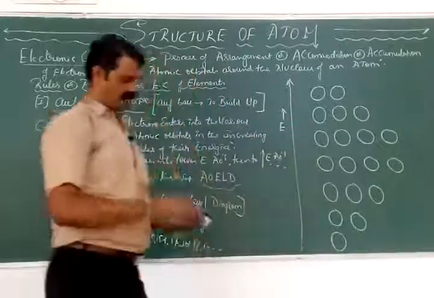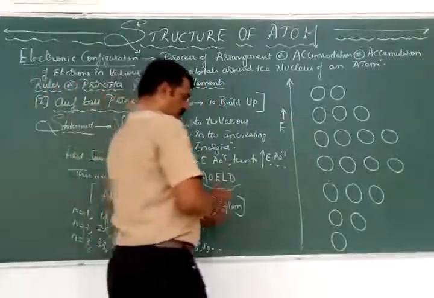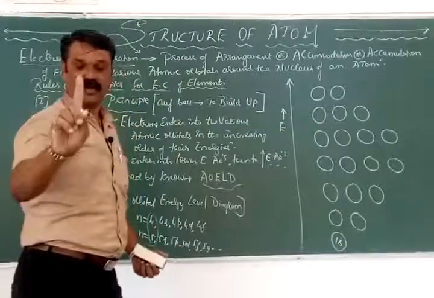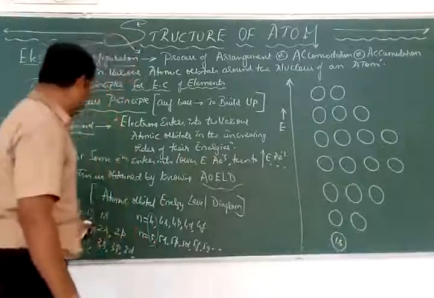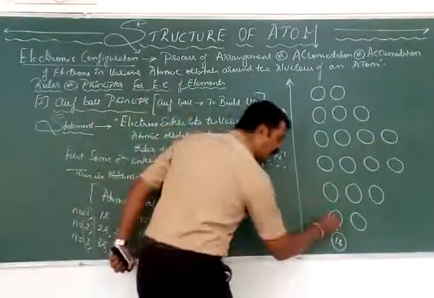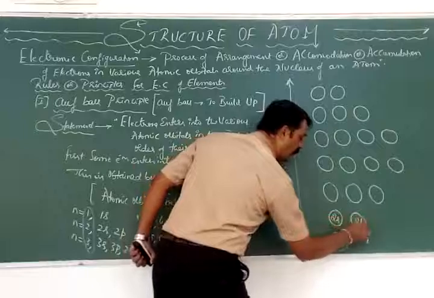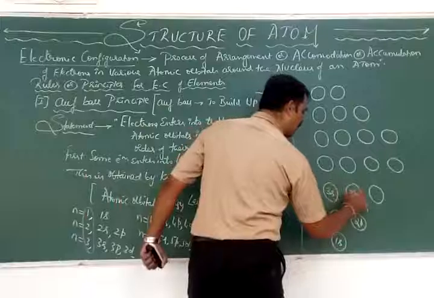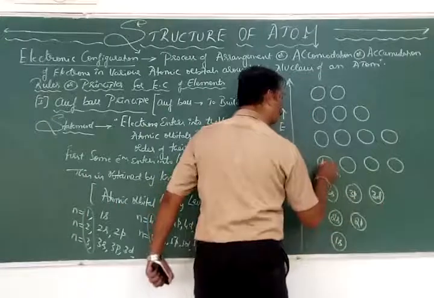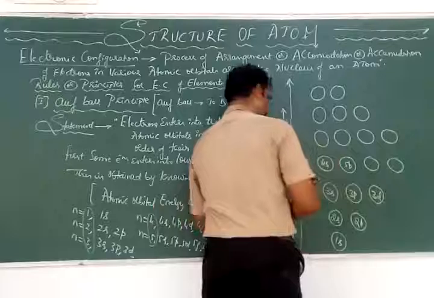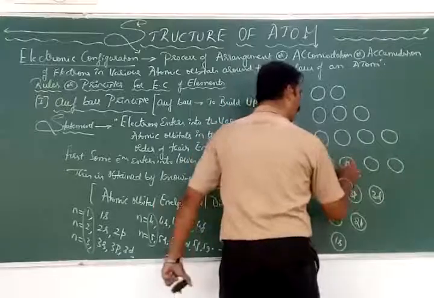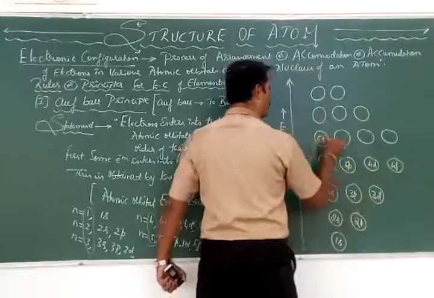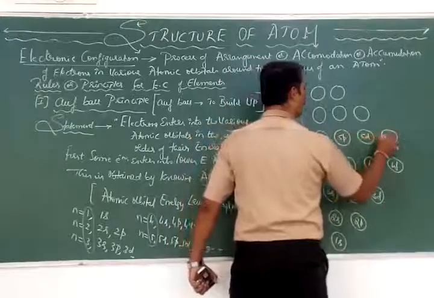Energy axis. This lowest energy level is 1s. The first orbit has only one subshell, called 1s. Then the second has 2s along with 2p. The third orbit has 3s, 3p and then 3d. The fourth has 4s, 4p, 4d and then 4f. The fifth has 5s, 5p, 5d and then 5f.